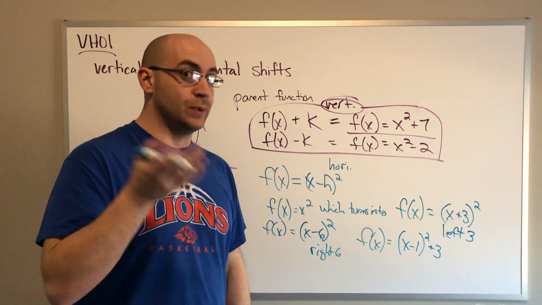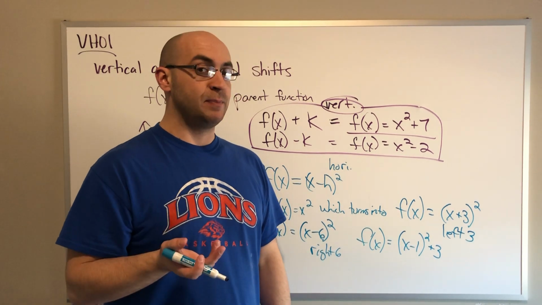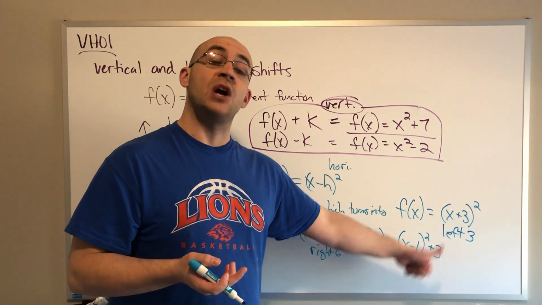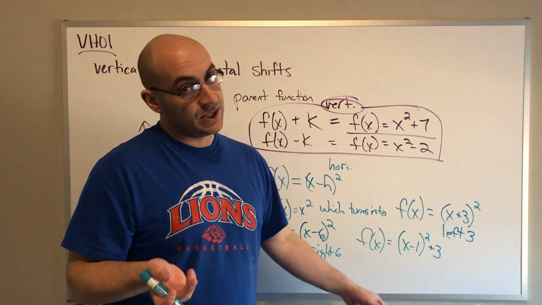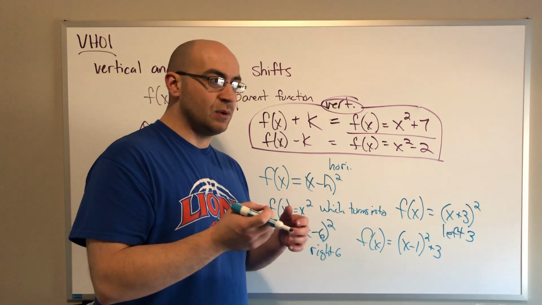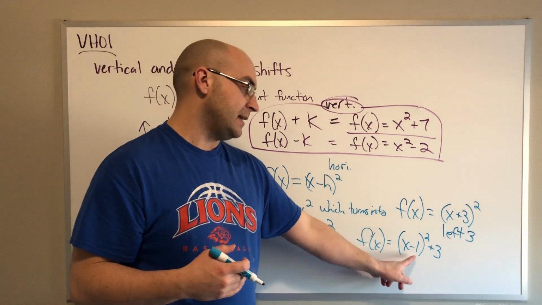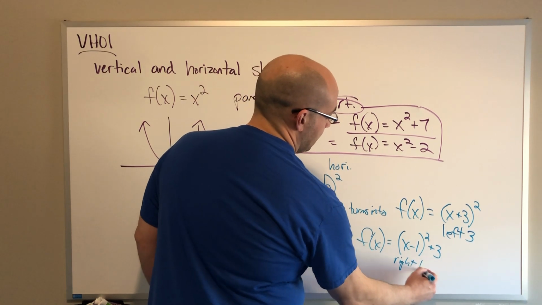They say or do exactly what they look like they do. The plus 3 is a truth teller. It really means plus 3, and it's vertical. It's going up 3. The inside, however, is a minus 1. It's horizontal, but it's a liar. It looks like a left 1 because you usually associate negative with left, but it's not. It's right 1. So this function is right 1, up 3.